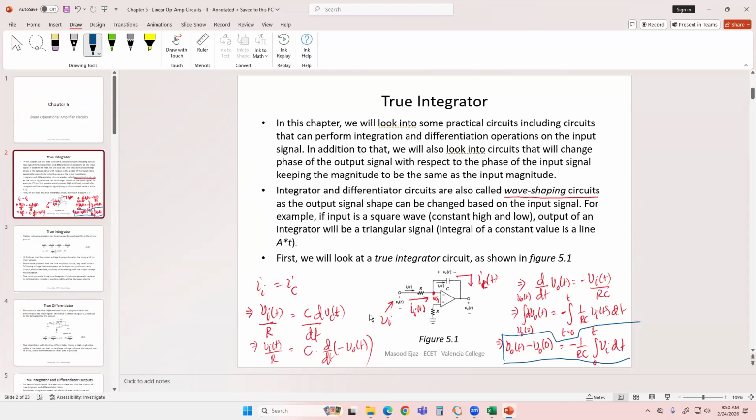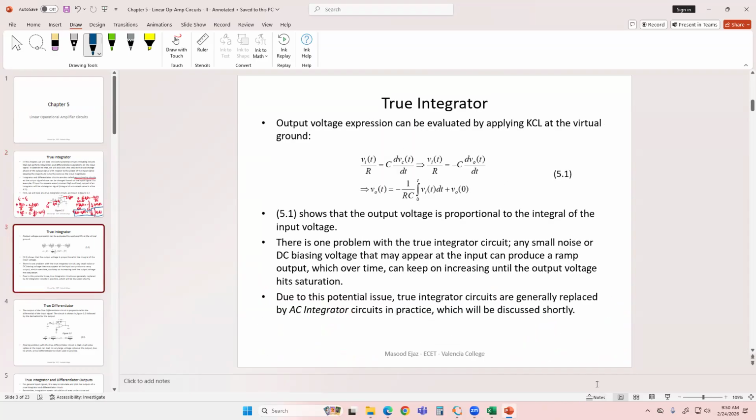You show it by applying KCL at the virtual ground, which is here: the input current is equal to the capacitor current. Write down the equation, and that is going to be the relationship between the input and the output. So this is the derivation for this circuit right there in front of you. The same derivation is shown here.